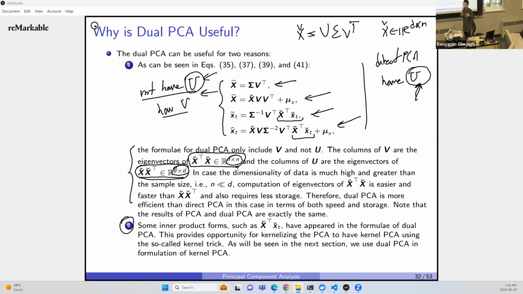I have tried it myself. I have coded PCA and dual PCA myself in Python, not scikit-learn. For even some small images, sometimes PCA might take 5 minutes, while dual PCA takes seconds.